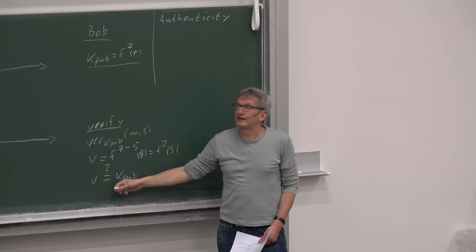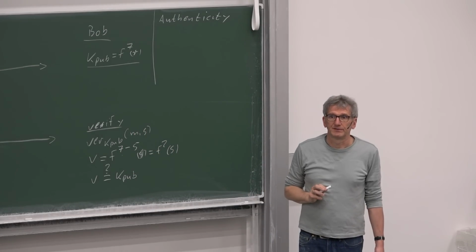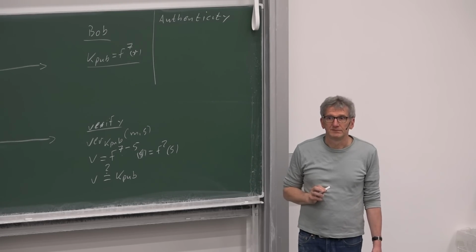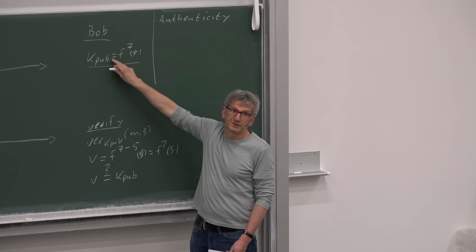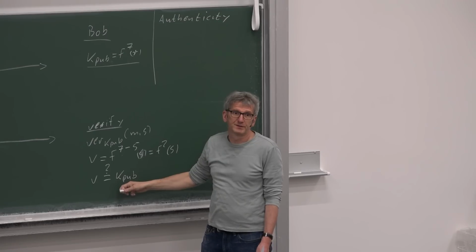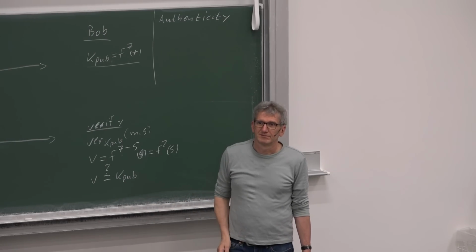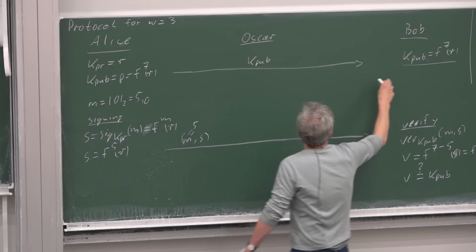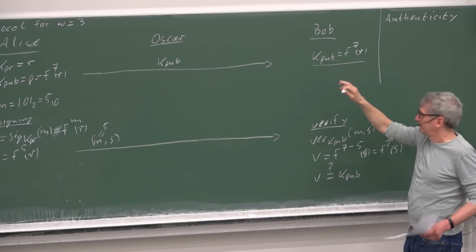If this checks out, does Bob know this comes from Alice, or can it also come from Oscar? That's my question here. What do you think? If Bob really got this public key from Alice, not from Oscar, can Oscar do this type of thing here? No. Because how is this computed here? f to the 7, he cannot do it.